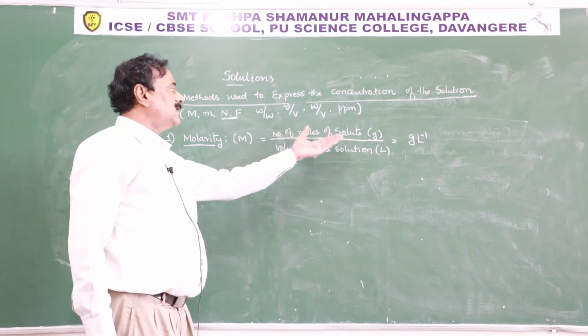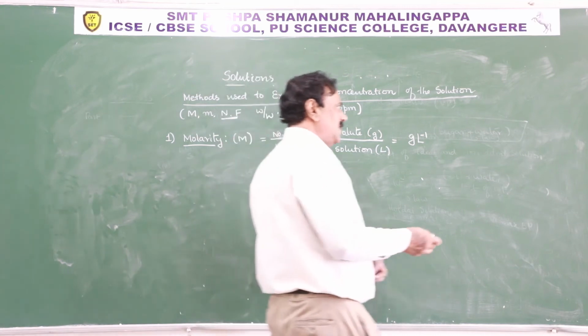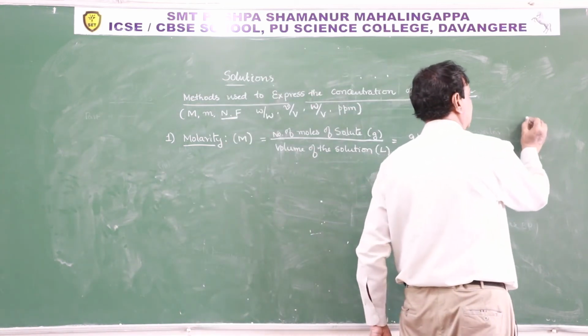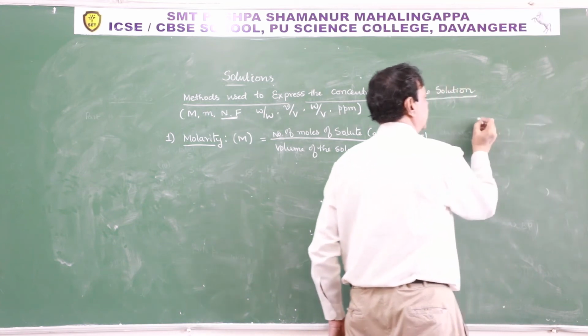Then how do we express the quantity of a substance in moles? For a simple example, you know about sodium hydroxide.